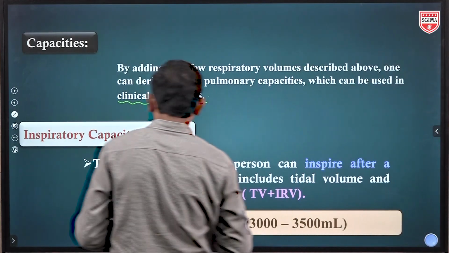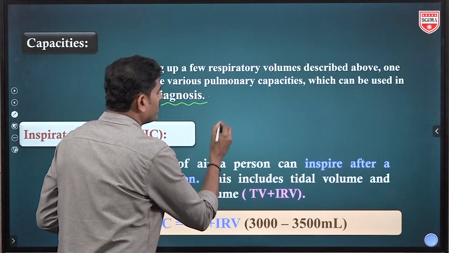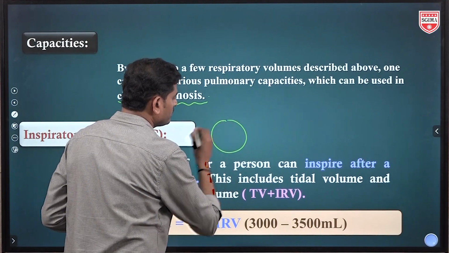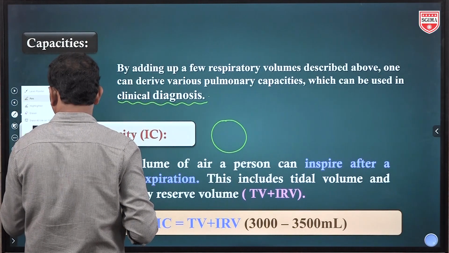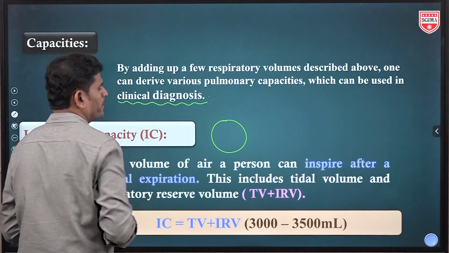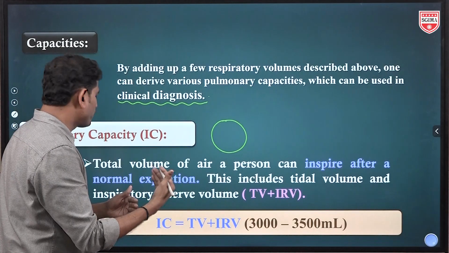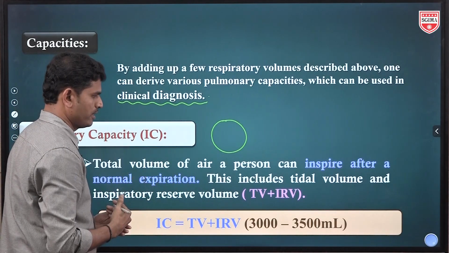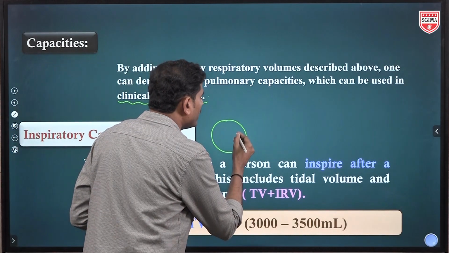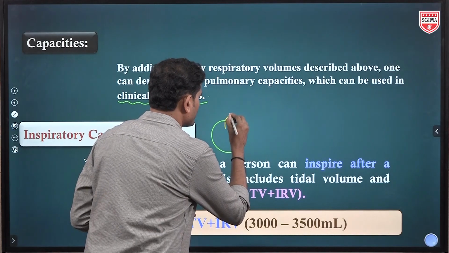So इसके लिए rough diagram हम कैसे ड्रा कर सकते हैं? So this is the organism and here this organism inspires after normal expiration. This is normal expiration.